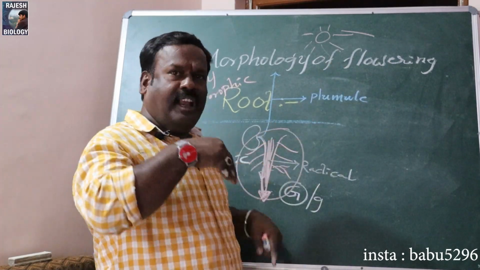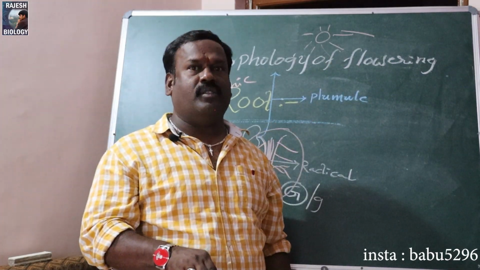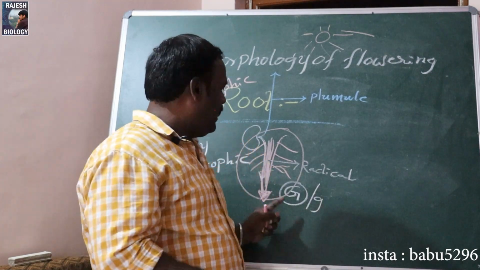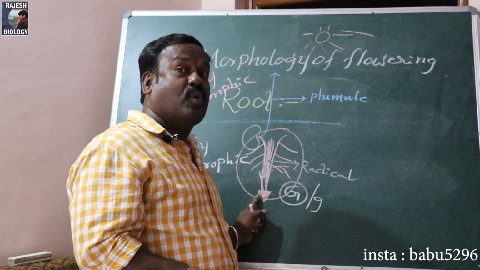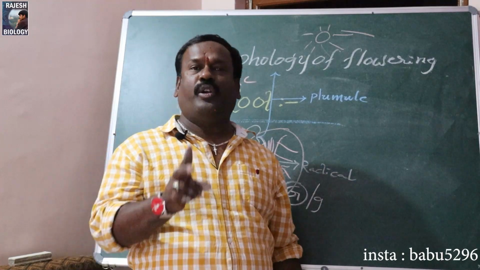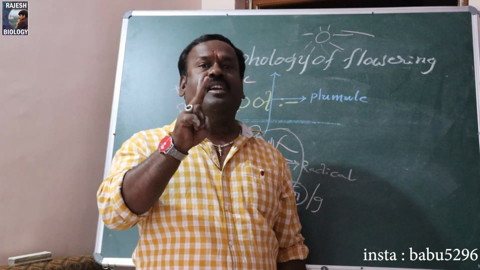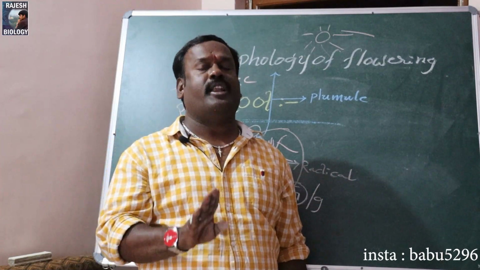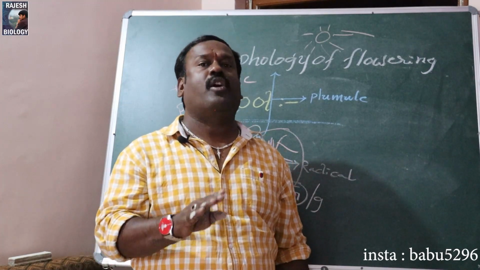The radicle penetrates into the soil slowly. Why? Because the root cap is present. The root cap functions in protection and also helps in penetration into the soil.